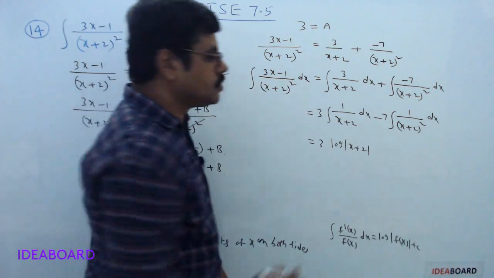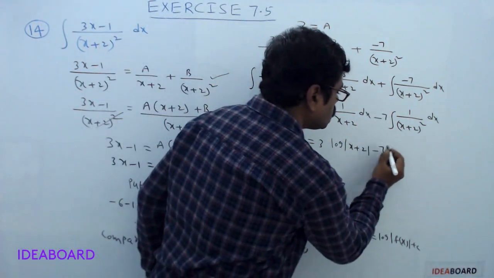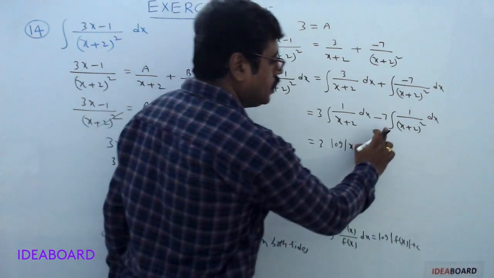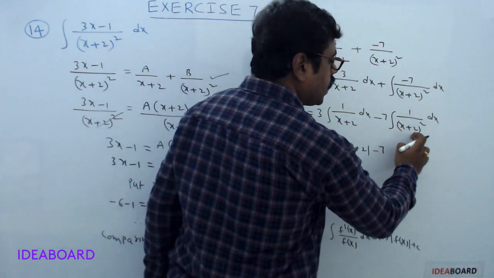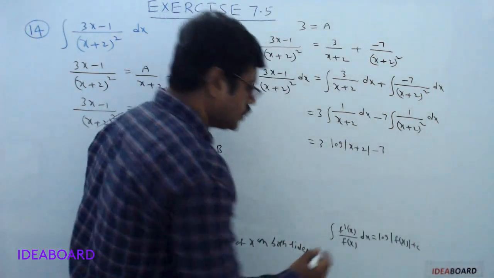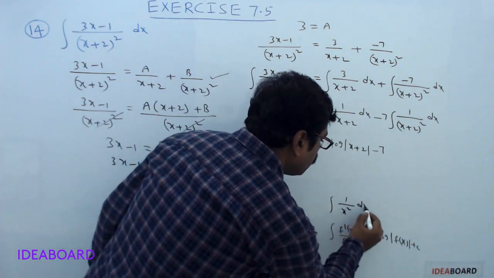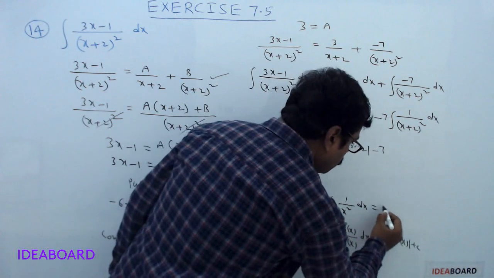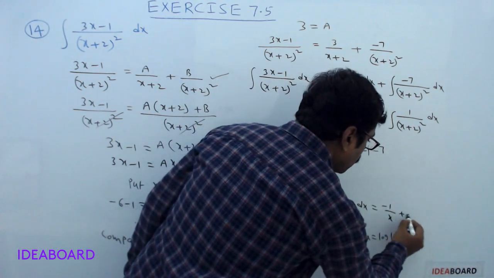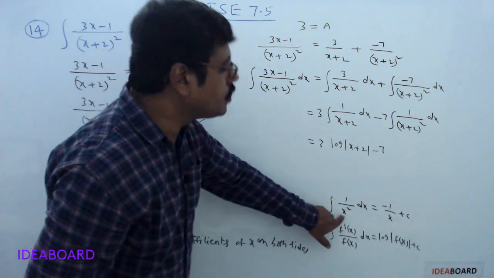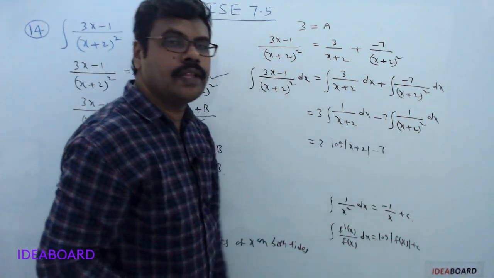Log mod x plus 2 minus 7 into, this term is of the form integral 1 by x square dx. What is this formula? Minus 1 by x plus a constant c.